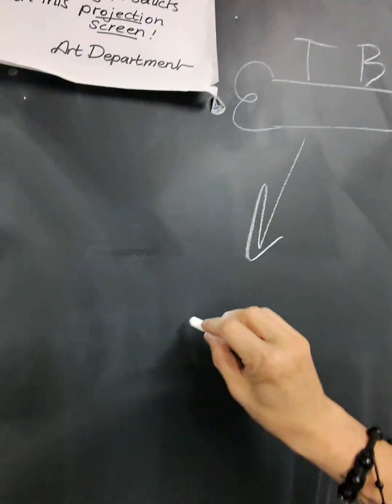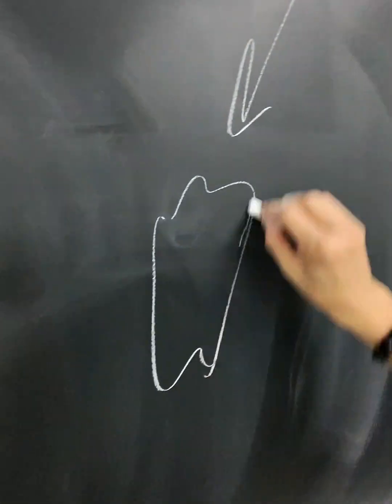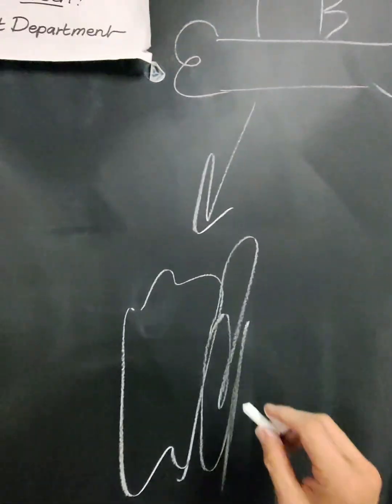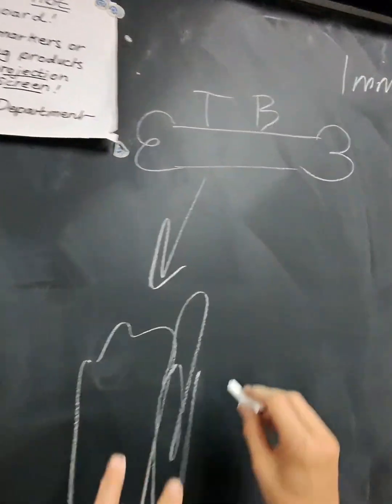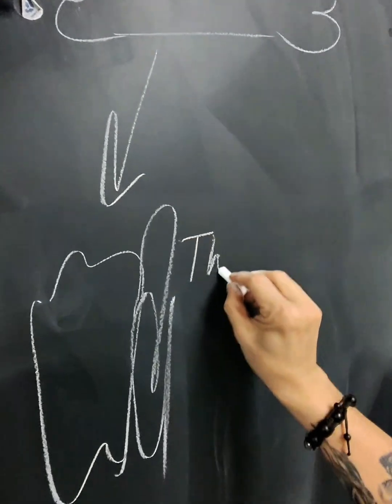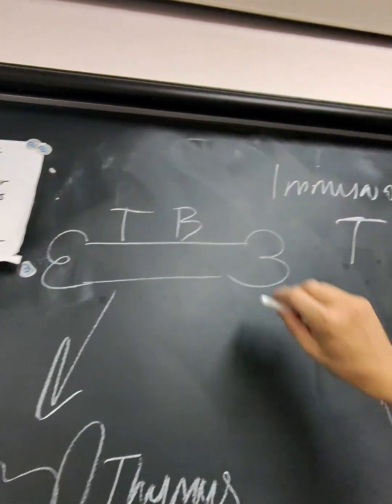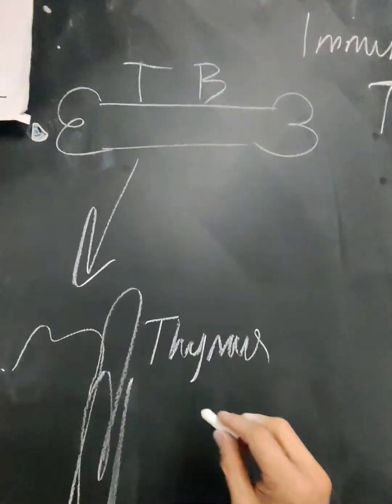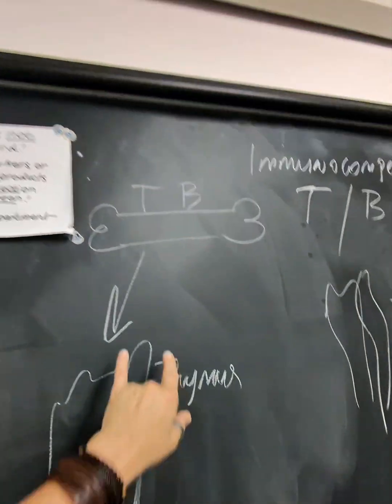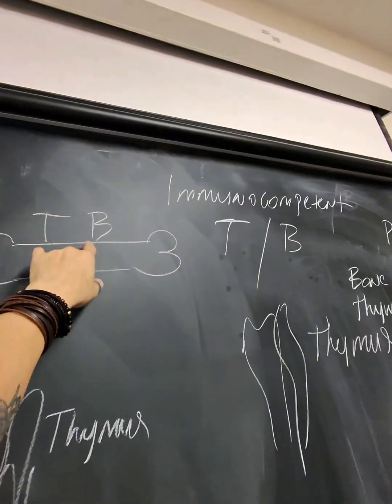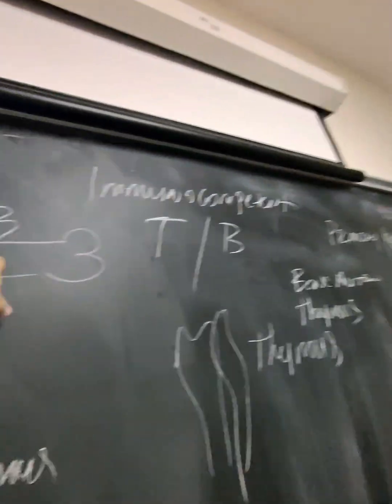T cells go to the thymus. It's a bilobed organ. And the B cells mature here. So the thymus, we need it for T cell maturation, and we need the bone for B cell maturation.